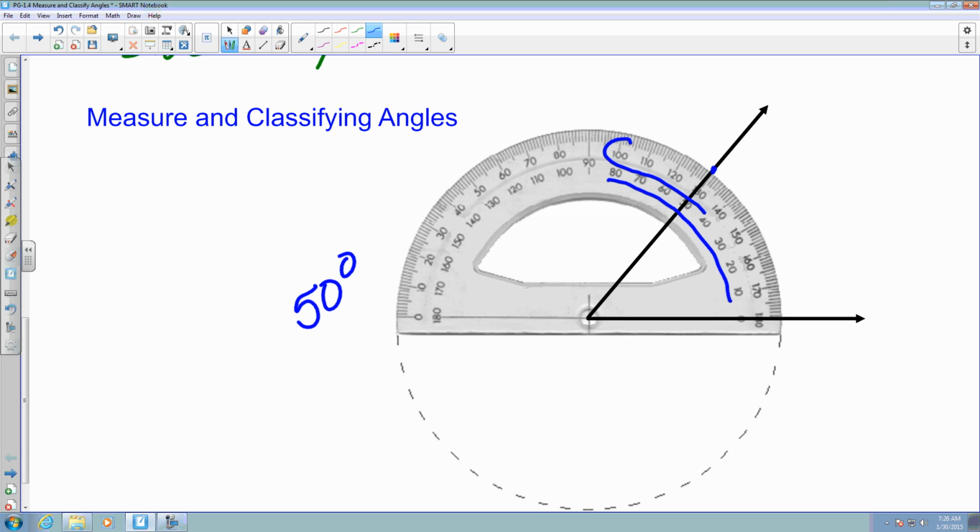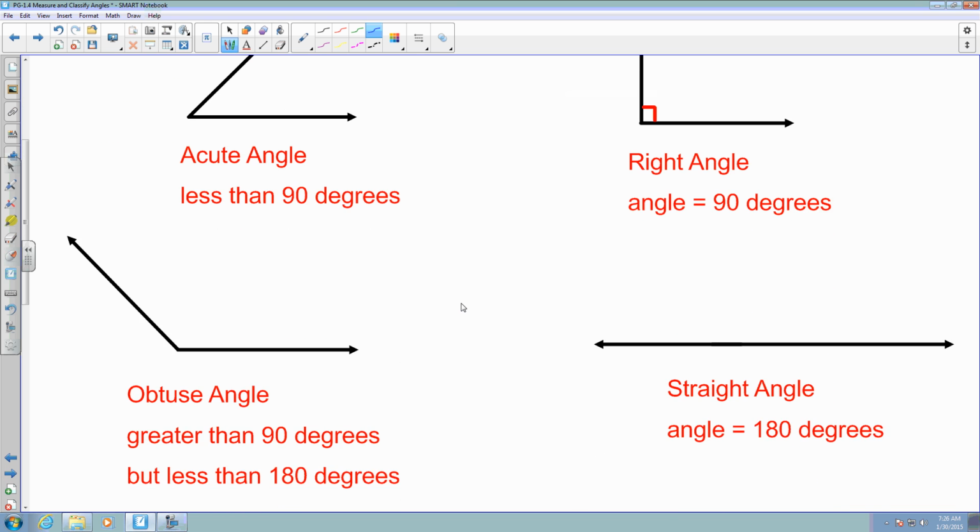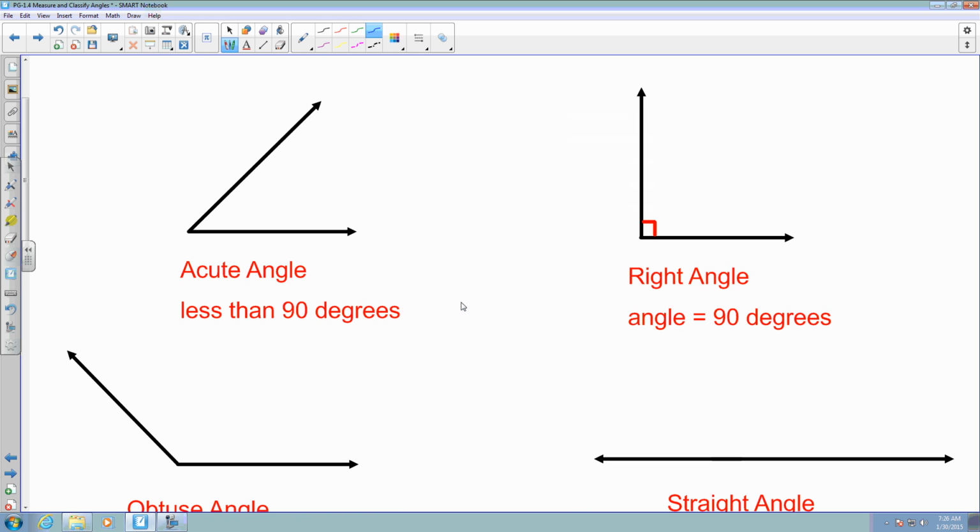And then once we know what the angle measure is, we can then classify it by its angle measure by giving it these names. If an angle is less than 90 degrees, then it's an acute angle. If an angle is 90 degrees, then it would be a right angle.